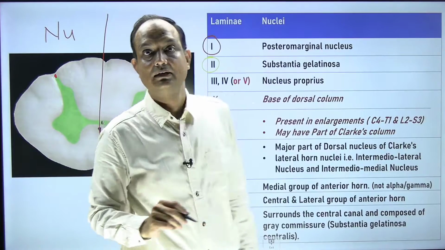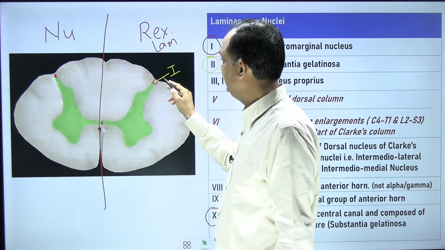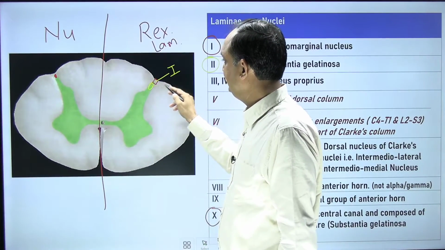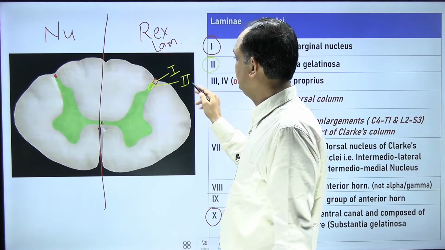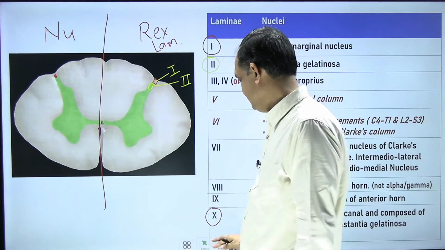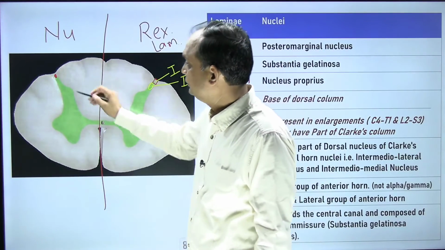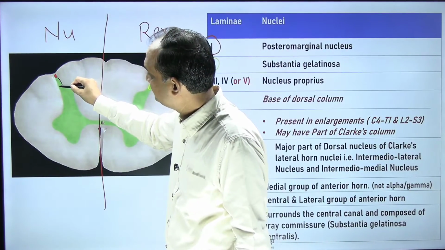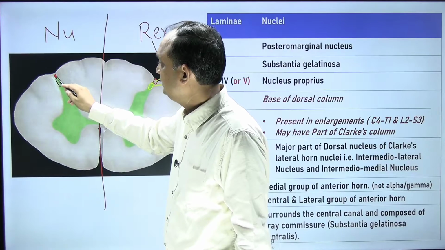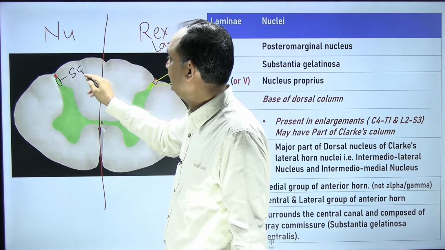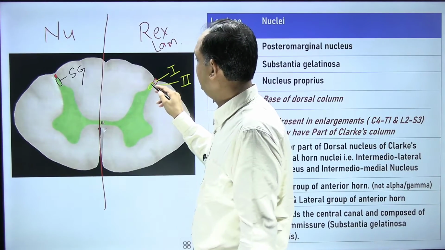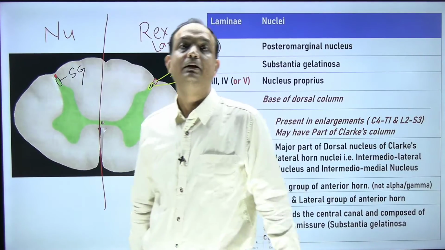Now we will talk about Rexed lamina 2. The next number is 2. This is area 2, and you know which nucleus lies below the marginal nucleus. Here you have the area of substantia gelatinosa, which is denoted by Rexed lamina 2.